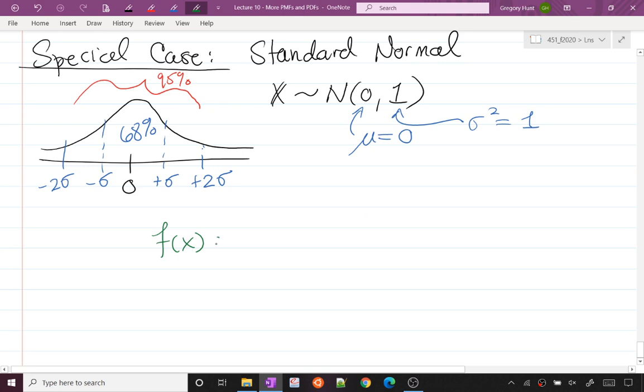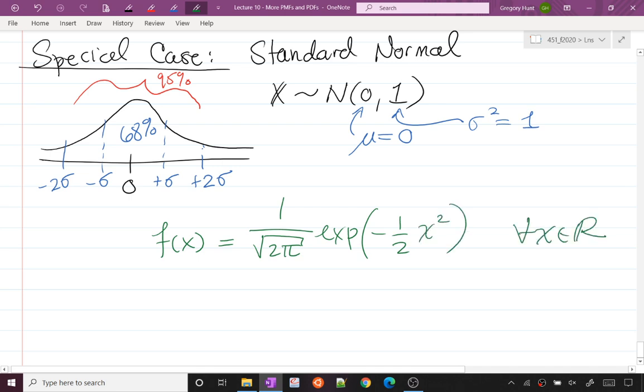The PDF of a standard normal, we'll talk about the general case later in the course, has this form: 1 over the square root of 2 pi times the exponential of negative 1/2 x squared. And this is true for all real numbers. Okay.